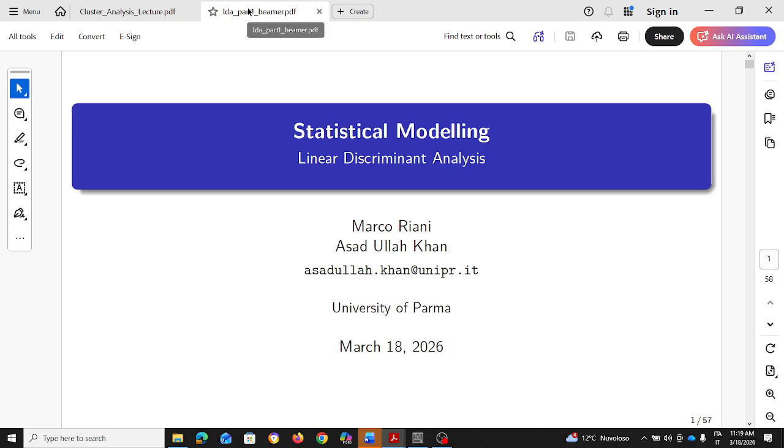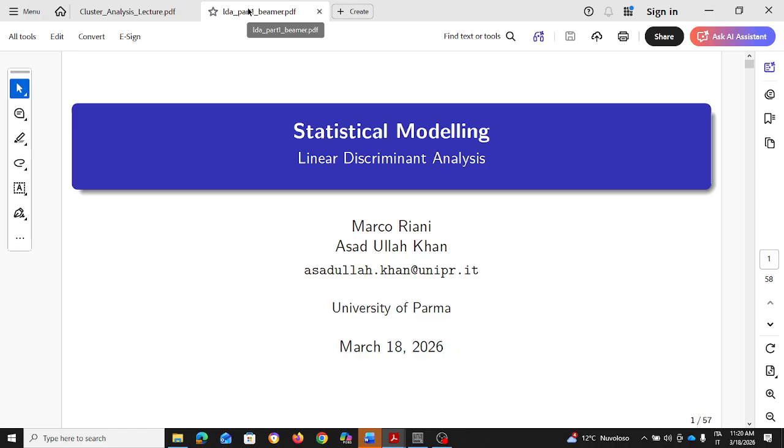So we have to find the best line that discriminates between these two classes. Let's say we have samples, one sample that belongs to class 1, and then we have two samples that belong to class 2.